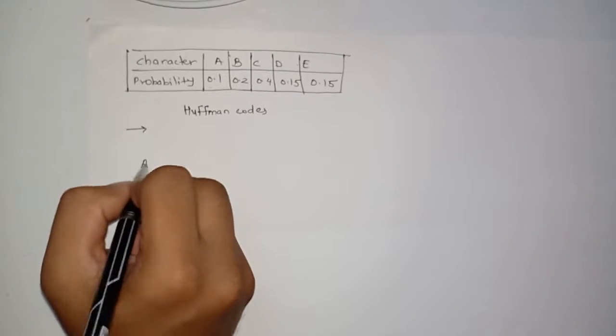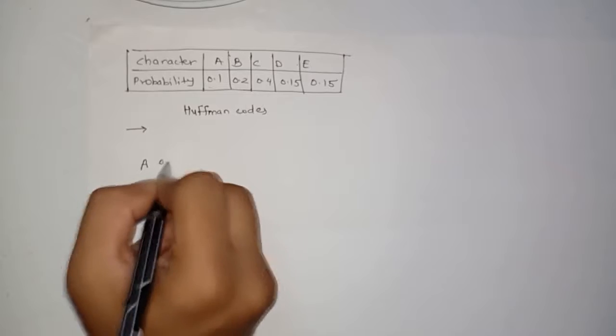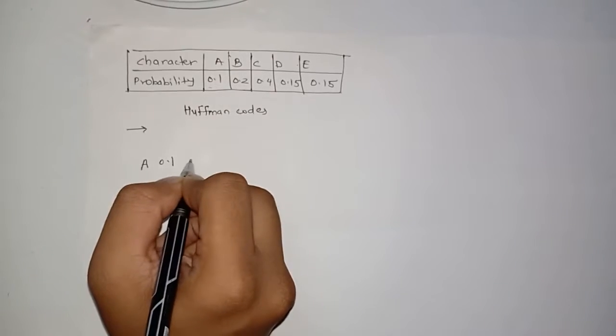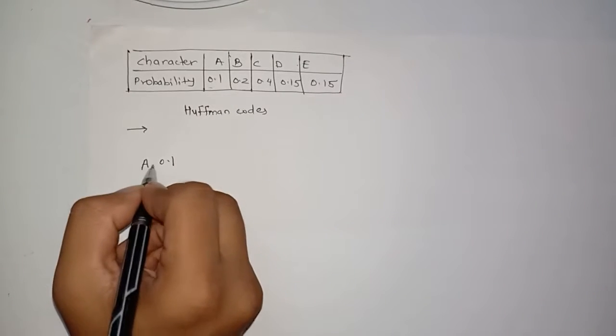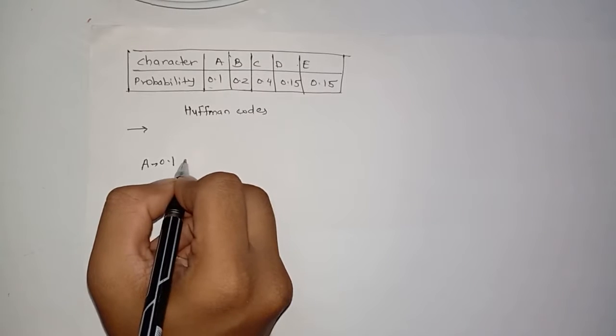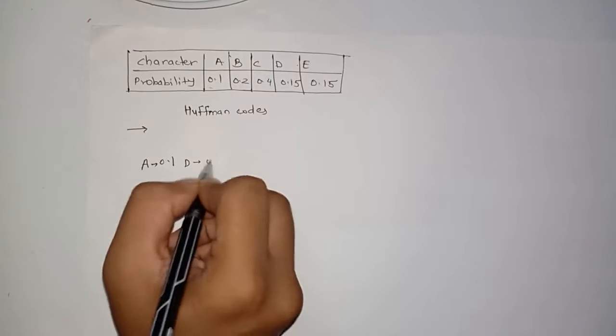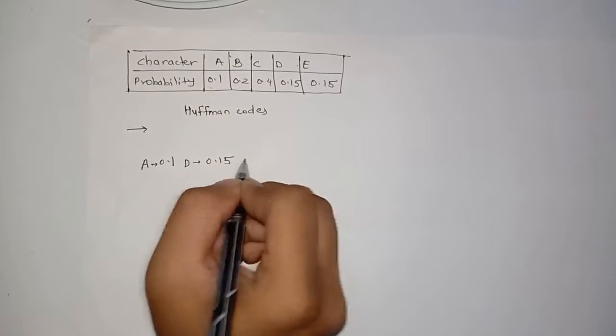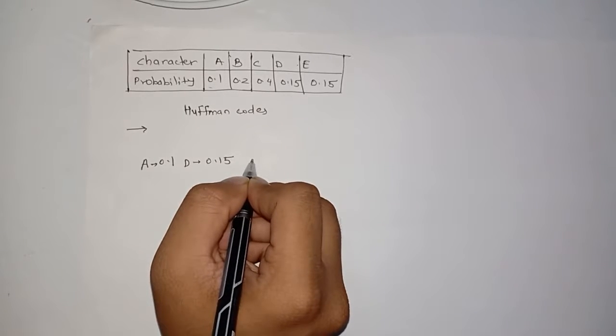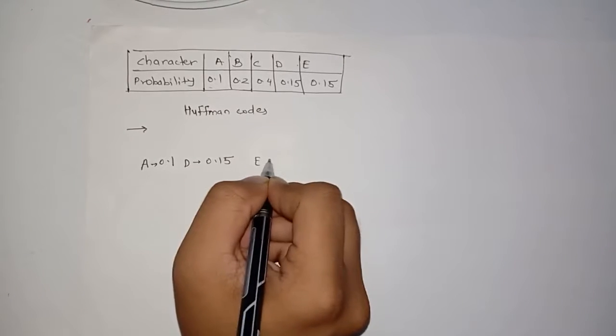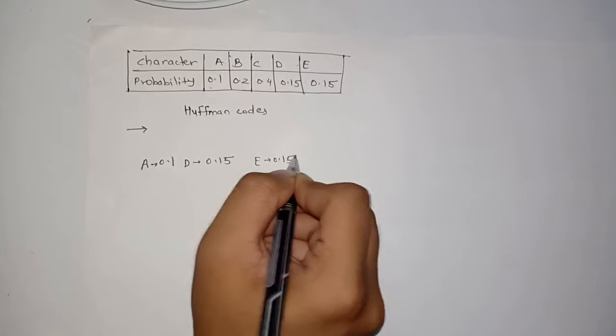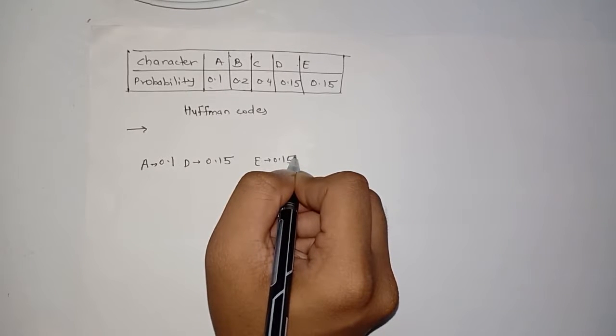First of all, A is the lowest, so write its code. After A, D is the next lowest, so write D's code. After that, E is next, so write its code. After that, B is next, so write its code.